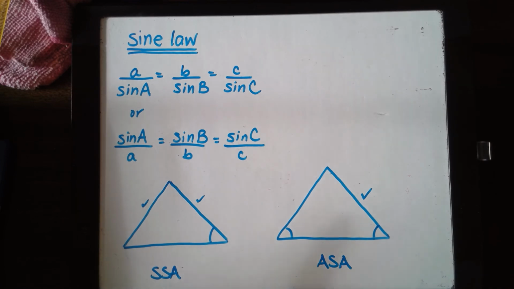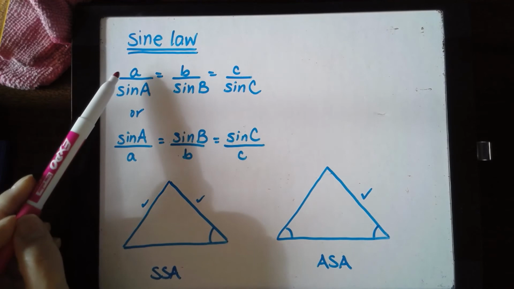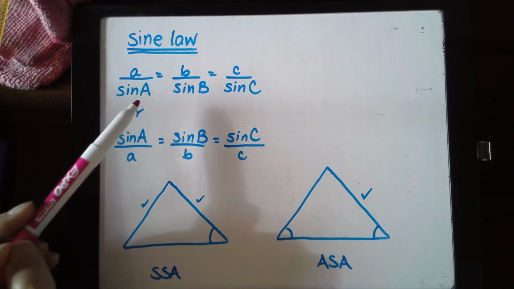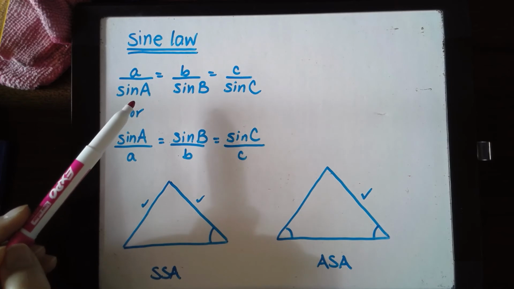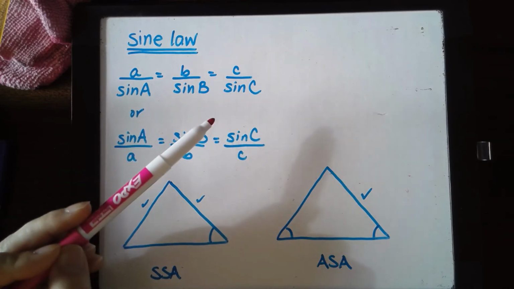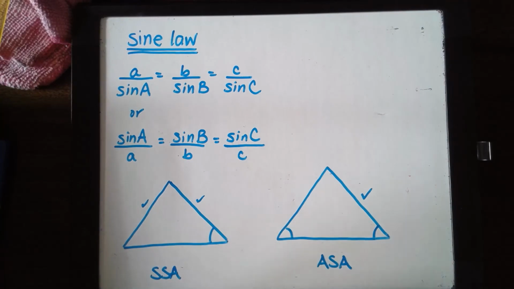The side length and the sine of the angle opposite that side length is going to be exactly the same for each angle on your non-right angle triangle, which is a really interesting discovery, because that means that we can use that new kind of ratio that we've unearthed to be able to solve for the pieces that we need.